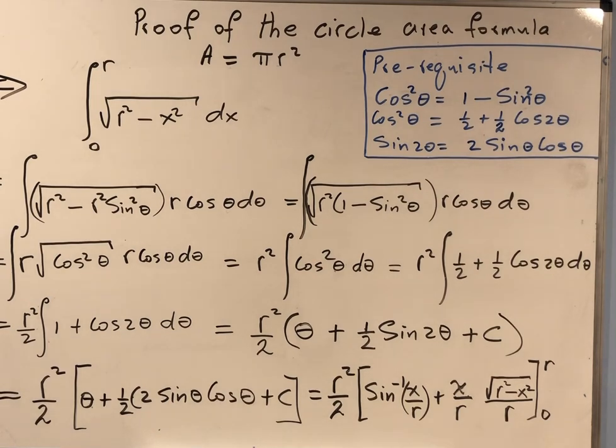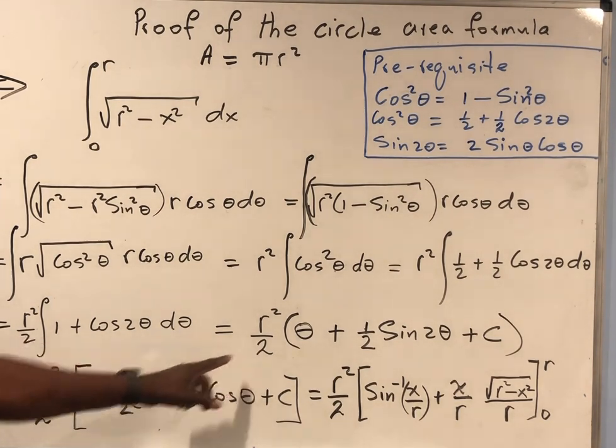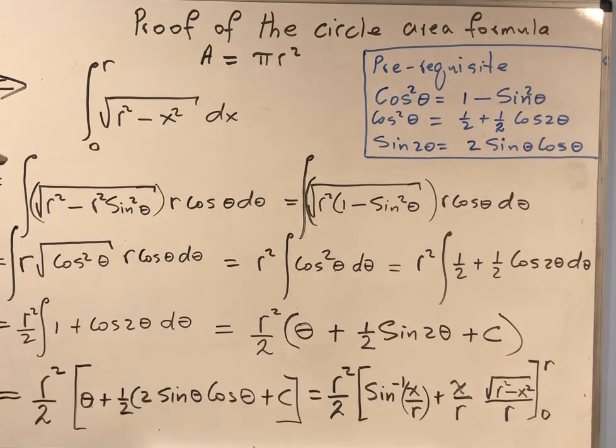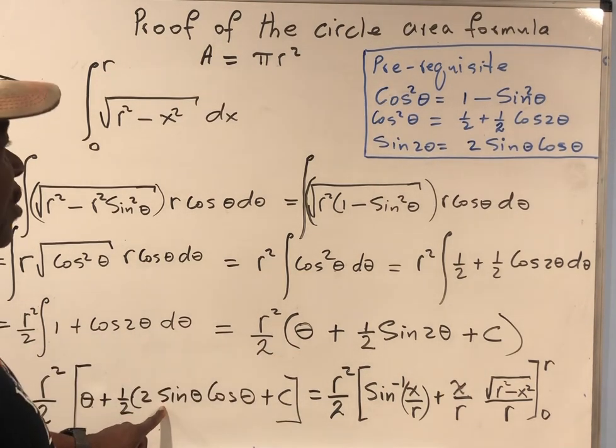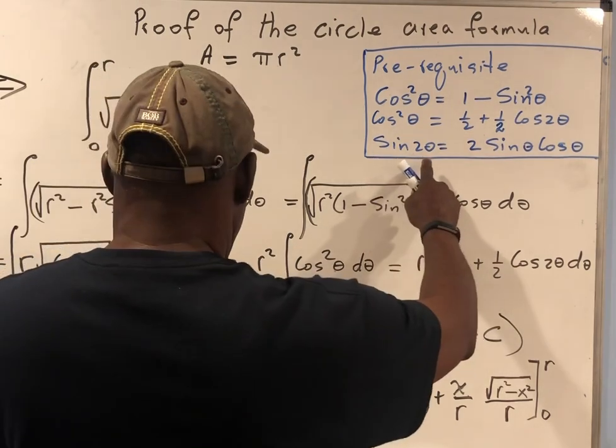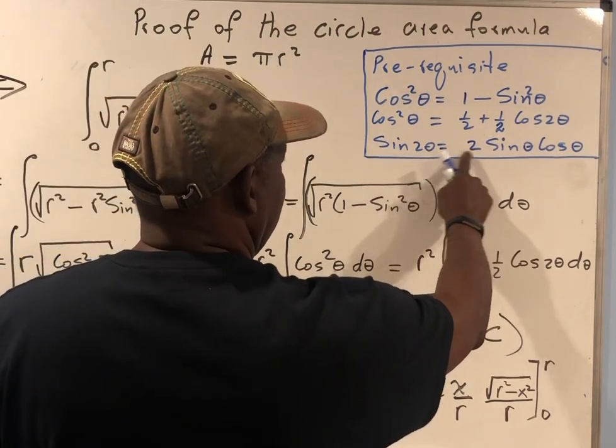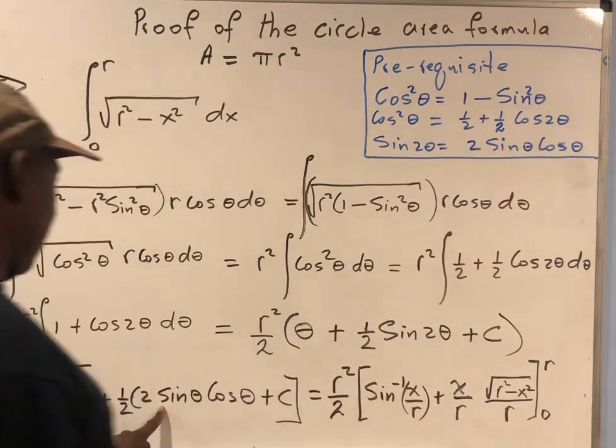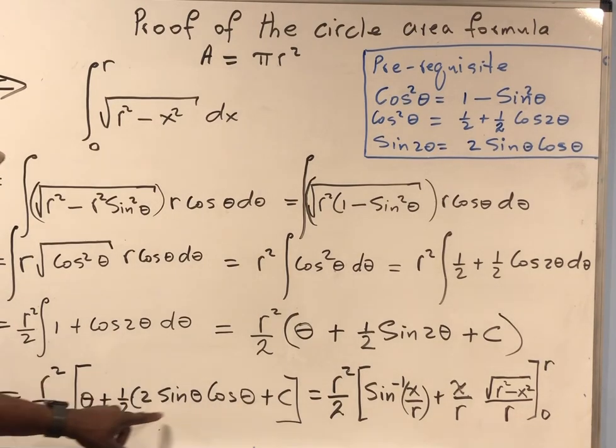So now we have r squared over 2 on the outside, theta, and we use the identity for sine 2 theta equal 2 sine theta cos theta right here.